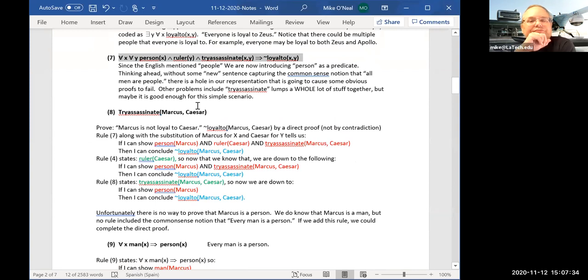So, how could we use these rules? Well, before I get into proof by contradiction or resolution and conversion to conjunctive normal form and all of that, let's just see if we can simply use essentially modus ponens.